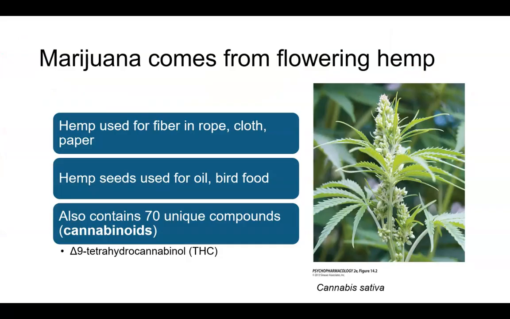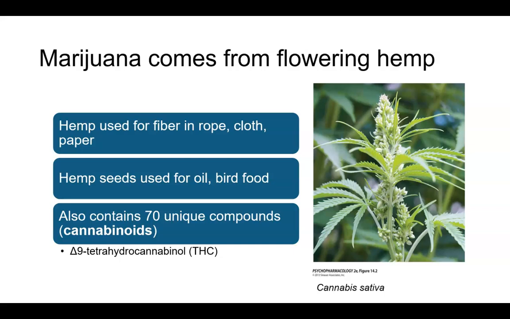So marijuana itself is produced from the flowering hemp plant, particularly the plant that is under the name Cannabis sativa. You can see it kind of looks like a weed, which is part of the reason why marijuana sometimes gets the name weed.